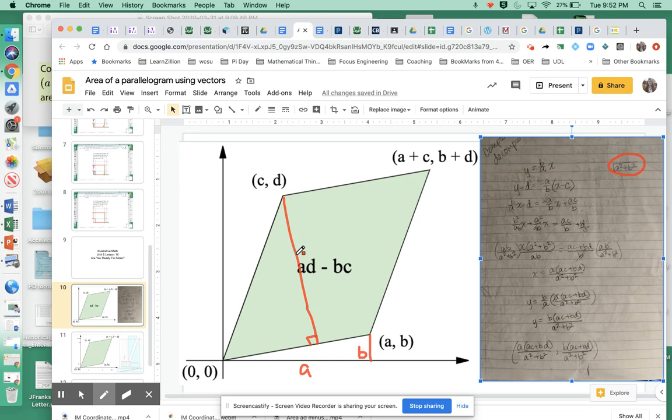I can use point-slope form: it goes through the point (c, d), and the line from the origin had a slope of b divided by a. That equation, because it went through (0, 0), was y equals b over a times x, which means this equation would be y minus d equals negative a over b, because base and height are perpendicular, times x minus c.